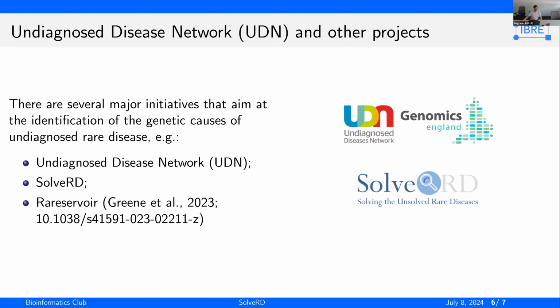So we will dive into more details into how and why these efforts to solve undiagnosed cases are conducted, and what are the sort of take-home messages from these initiatives. Yeah, that's it for my introduction.